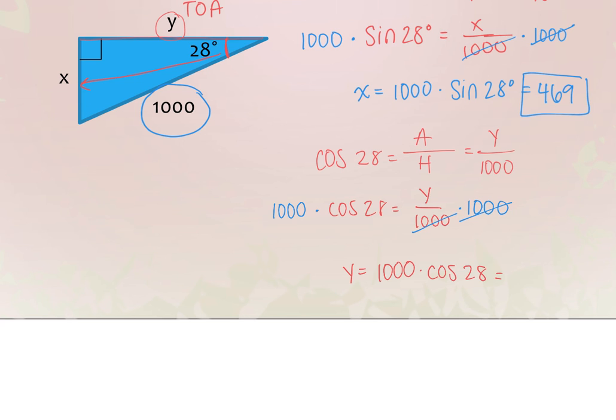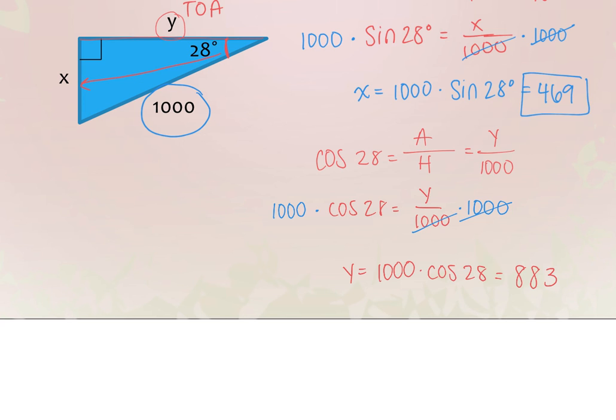You should get 882.94759, something along those lines. And we are going to round it. If we rounded it to the nearest integer, what would our final answer be? 883. Since the 9 will force the 2 to round up, we would write it as 883.